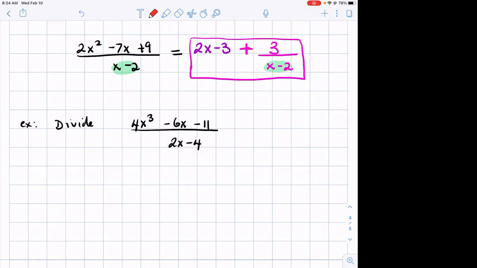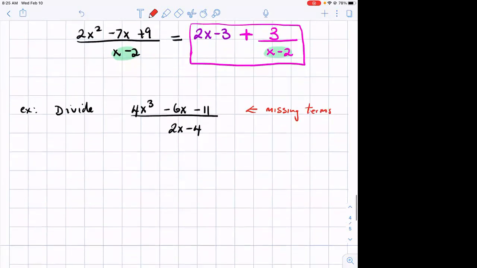Now, if you look at this top term, we have missing terms. There's an x squared term missing. So what we have to do is, when you fill in a missing term or placeholder, it's always a plus.